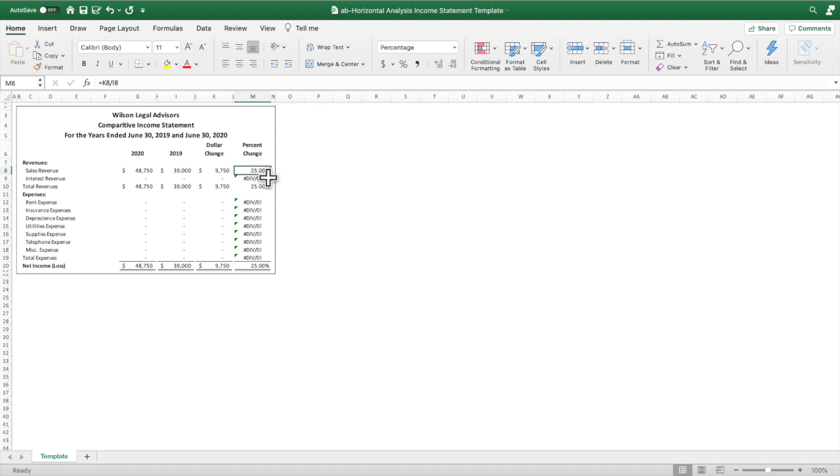This percentage here is going to be the dollar change divided by 2019. So you take the dollar change and divide it by 2019. So you go equals this divided by this. And you get 25%.